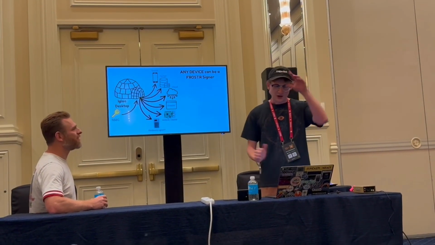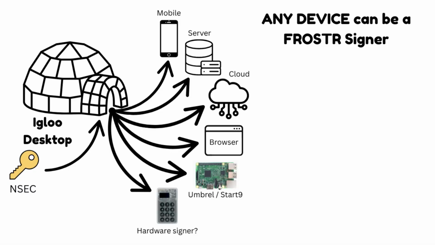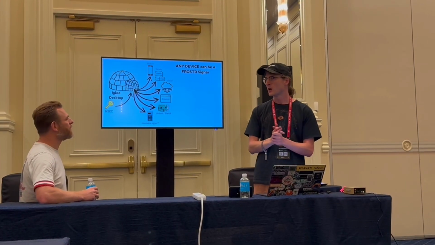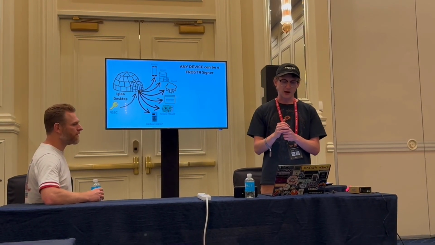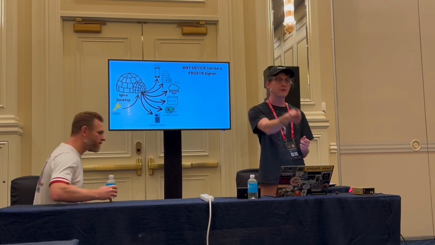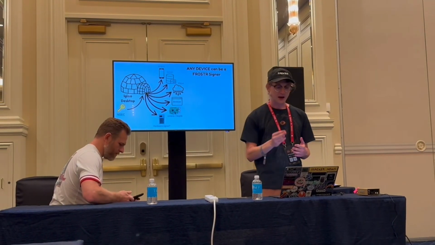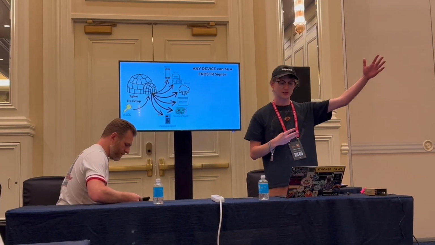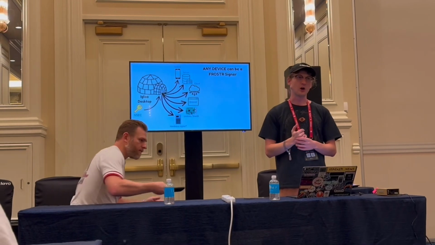Okay, so really any device can be a FROSTR signer. This is what's so cool about Nostr, is that an HTML page can be a signer in Nostr world. Anything can be a signer. So in a lot of ways, we see that our future work needs to be bringing the signing capability to every environment that people want to use: the phone, the server, the cloud, maybe that someone else hosts for you, the browser, Umbrel, Start9, and then maybe even eventually hardware signers.